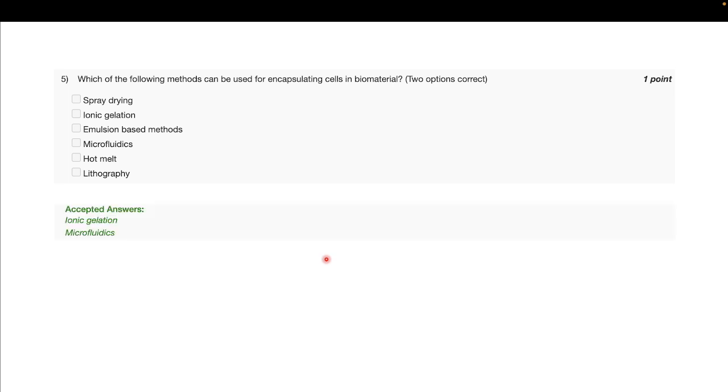Okay, let's look at the answers. So the two methods which could be used for encapsulating cells in biomaterial are ionic gelation and microfluidics.